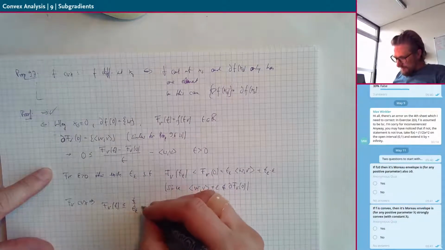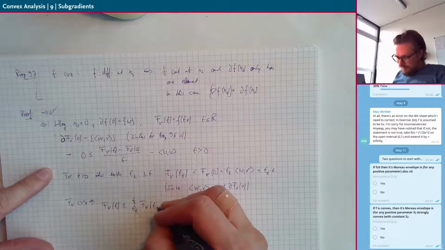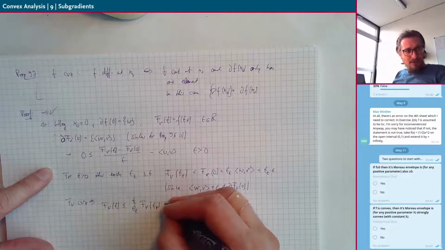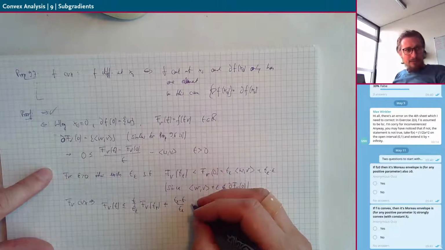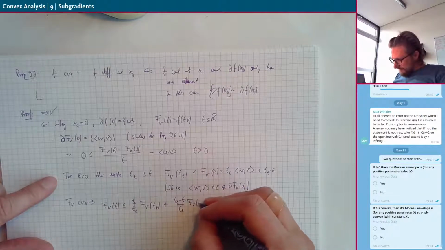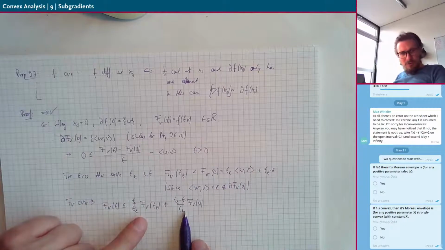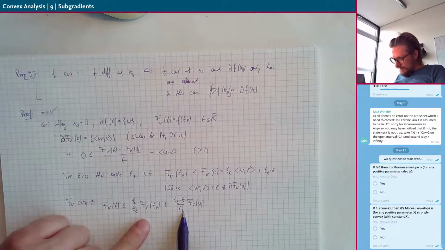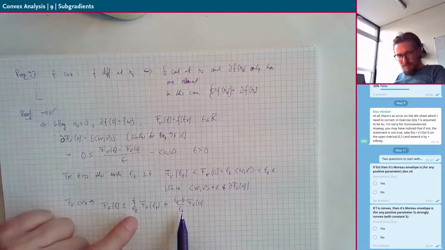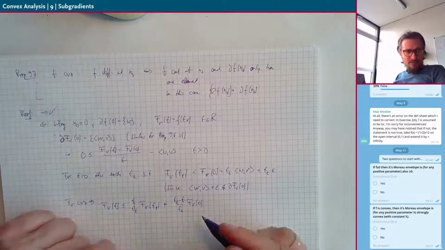So t over t epsilon times f v of t epsilon plus t epsilon minus t over t epsilon times f v of 0. If you do the inverse convex combination downwards, you will end up exactly at this. So this is convex, these sum up to 1, and you see where this goes.